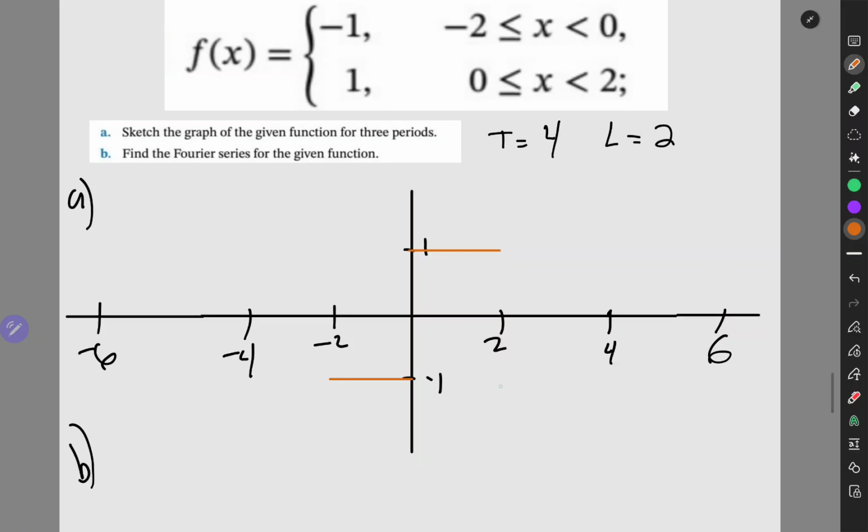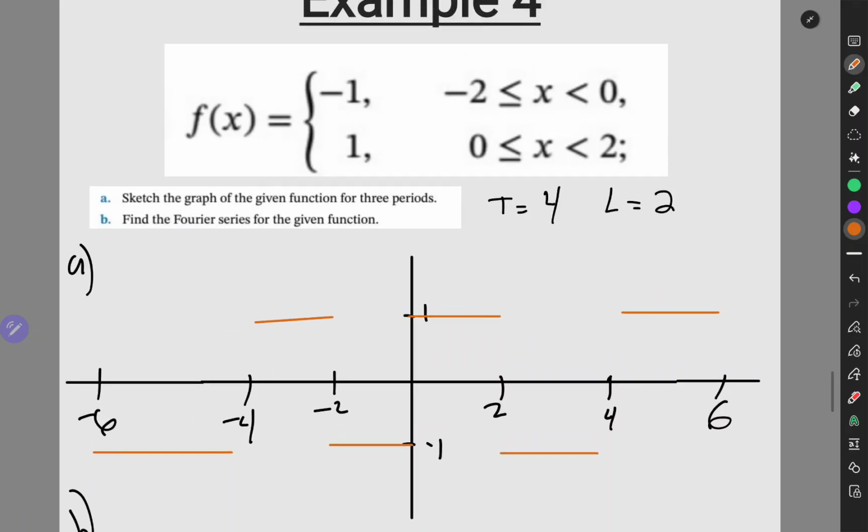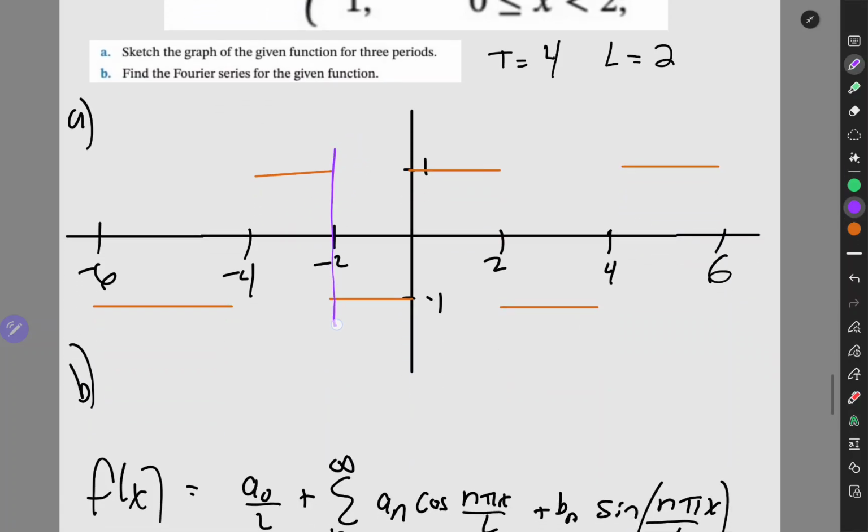So let's keep sketching. Let's do 2 periods. Here's 2 periods. We're going to focus on this one over here.